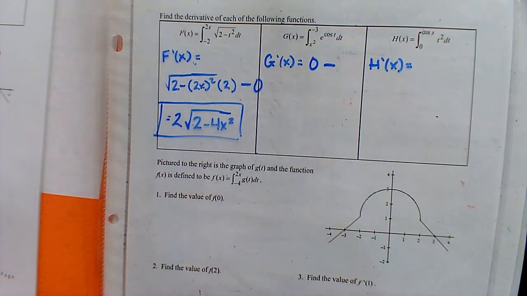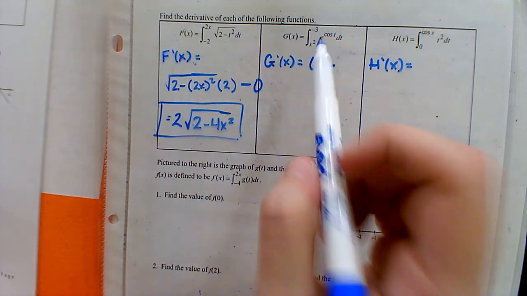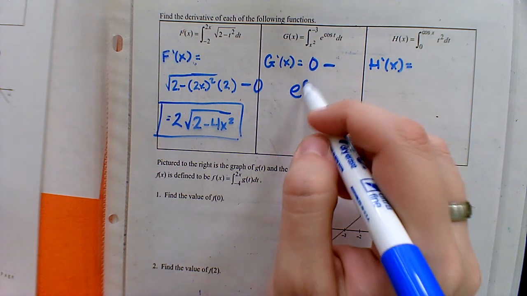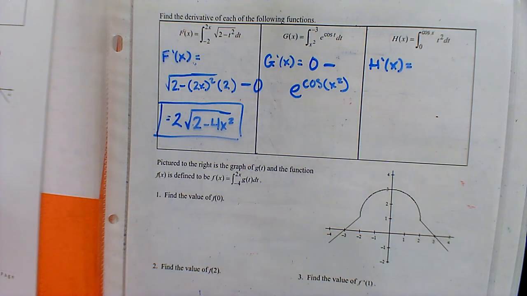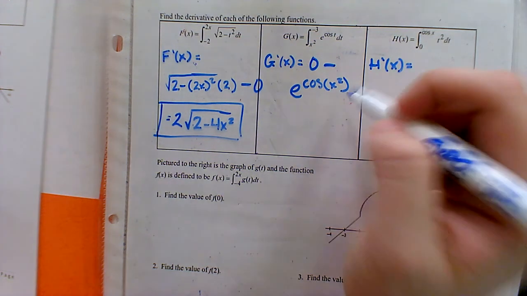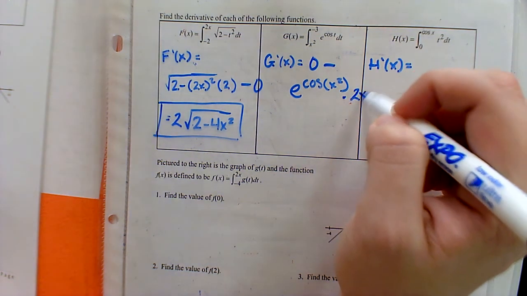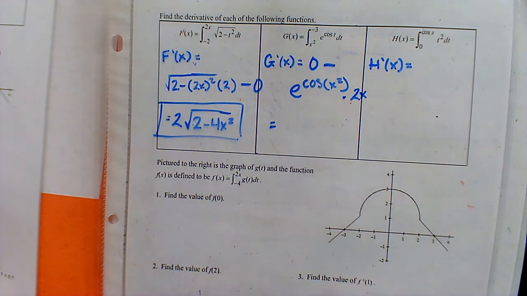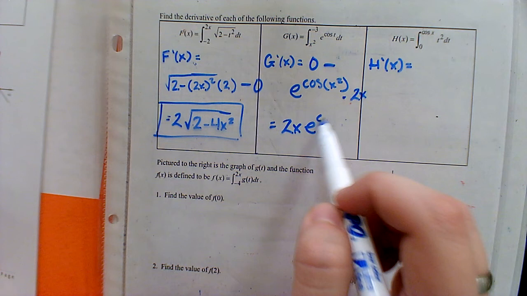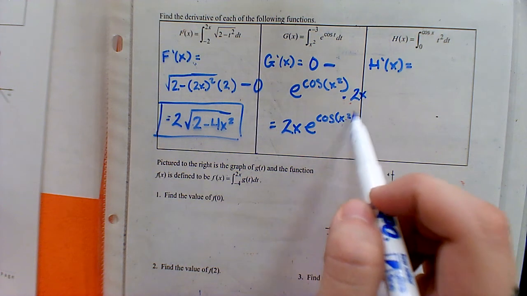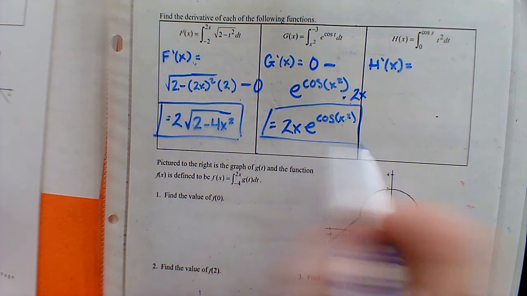But then we have to subtract what we get when we plug in the bottom bound. So this would be e to the cosine of x squared times the derivative of the bottom bound, which would be 2x. So if you want to rearrange it, maybe move the 2x out front, you can. 2xe to the cosine of x squared. There's your derivative.